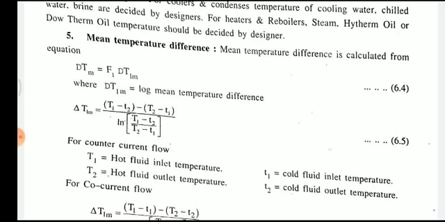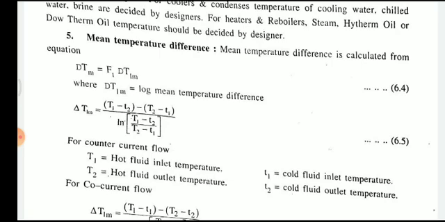Then the log mean temperature difference, that is delta T LM. This we already discussed in the heat transfer subject. Log mean temperature difference is calculated from these equations.